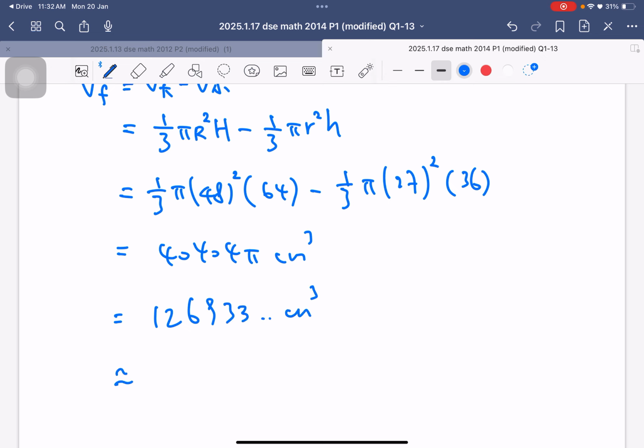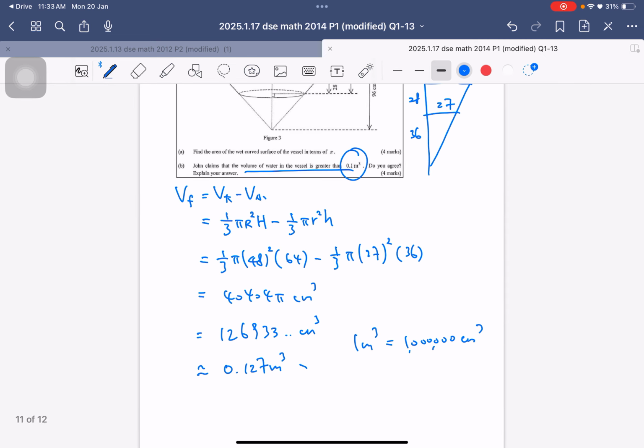So it's approximately equal to 0.127 meter cubed because it's divided by 1 million, isn't it? 1 meter cubed is equal to 1 million cm cubed. Okay? So it is greater than 0.1, isn't it? Do you agree? Yes, I agree.